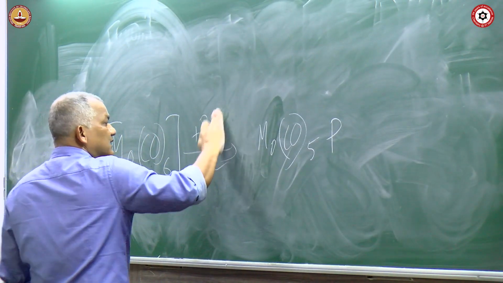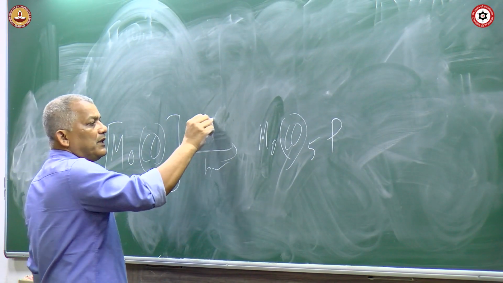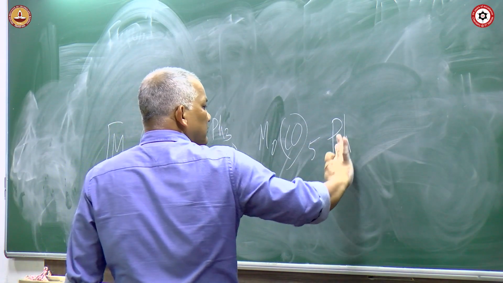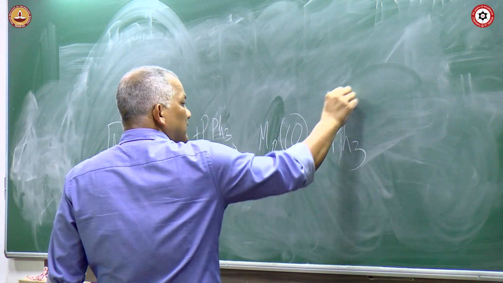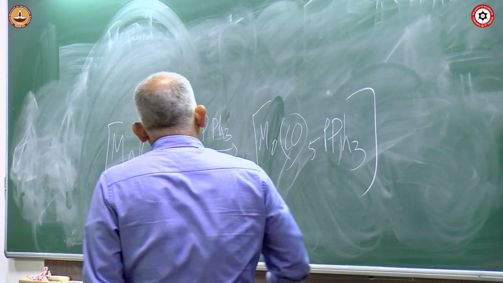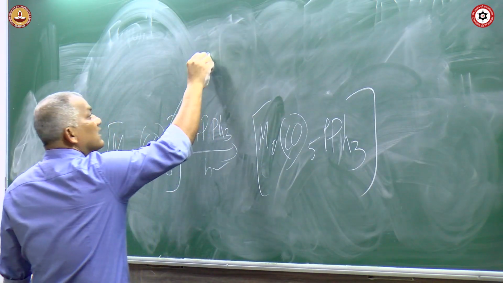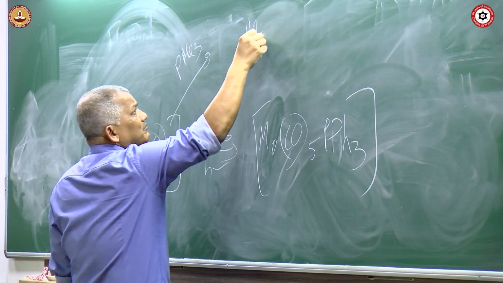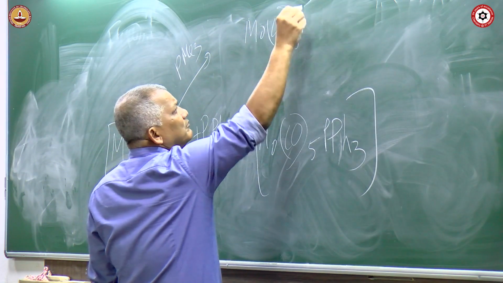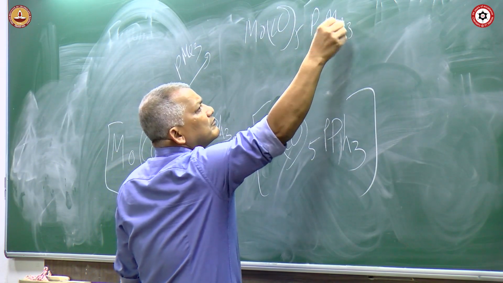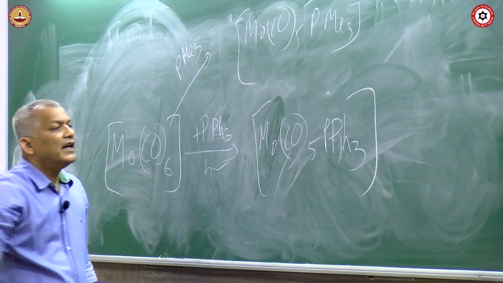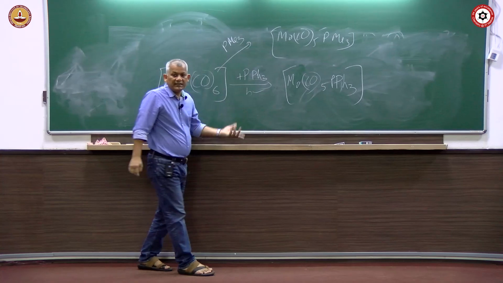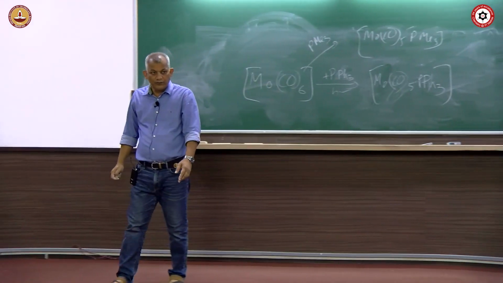Let's say this is PPh3. Now you have got two types of molecule, where you just replace CO with another 2 electron ligand, phosphine.